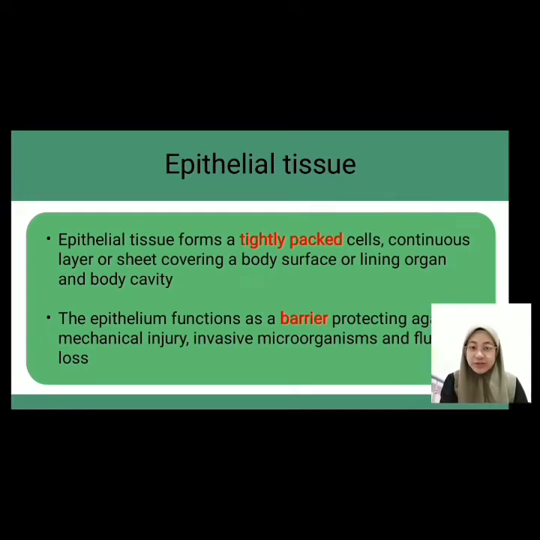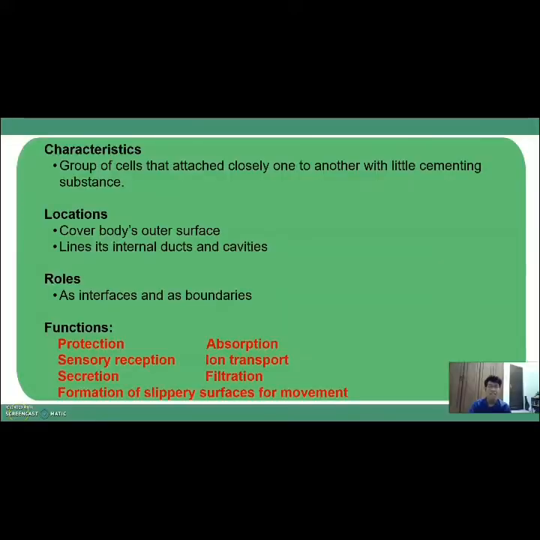Epithelial tissue forms tightly packed cells in a continuous layer or sheet covering a body surface or lining organs and body cavities. The characteristic of epithelial tissue is a group of cells that attach closely one to another with little cementing substance. Epithelial tissue is located covering the body's outer surface and lining its internal ducts and cavities.